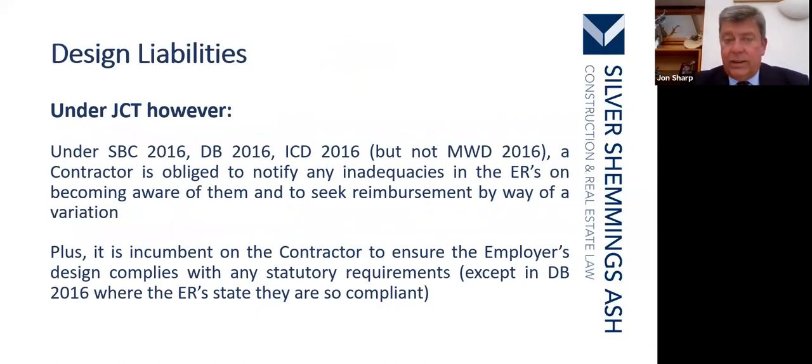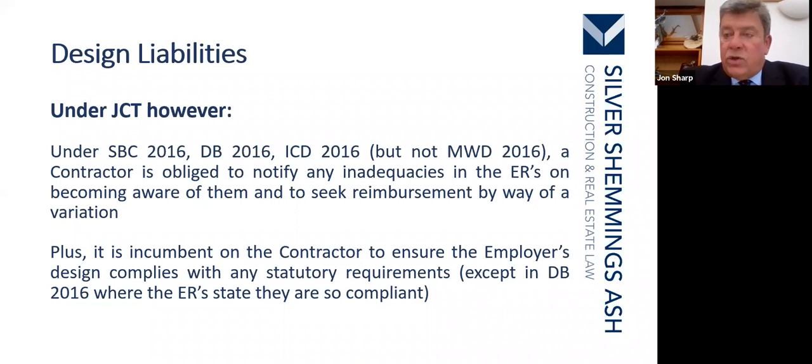However, under JCT, under SBC 2016, DB 2016, ICD 2016, but not MW 2016, a contractor is obliged to notify any inadequacies in the employer's requirements on becoming aware of them and seek reimbursement by way of a variation.